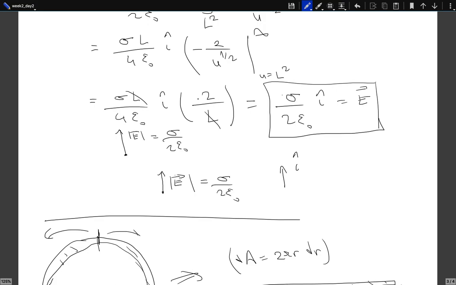Assuming sigma is positive, it's always pointing away from the plate. At this point, the electric field will be pointing upwards, and at this point, the electric field will be pointing downwards.